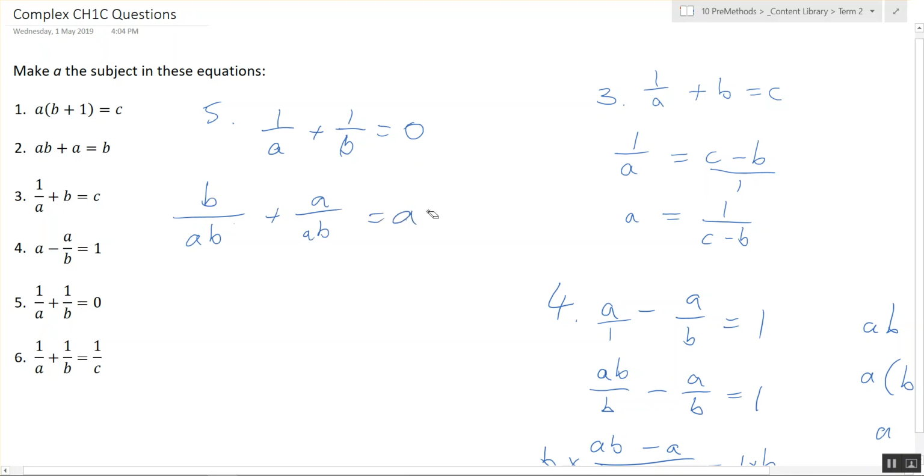Sorry, equals 0. b plus a over ab. Now we can get rid of ab. This is all dividing by ab, so we can multiply by ab on both sides. 0 times ab is 0. So the final answer is a equals negative b.